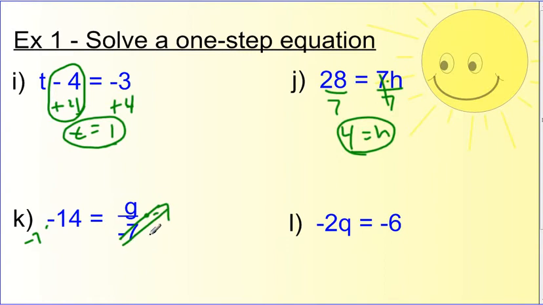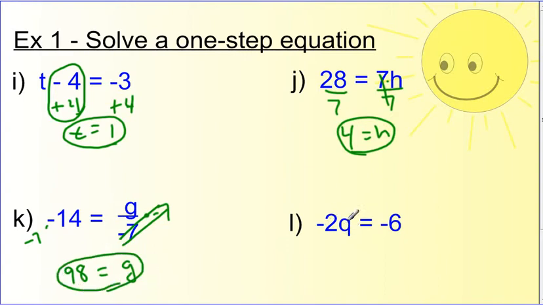These cancel, and g equals, let's see, negative 14 times negative 7. Well, that's going to give me a positive 70, and 28 is positive 98, I believe. Yep, I'm correct. Positive 98.